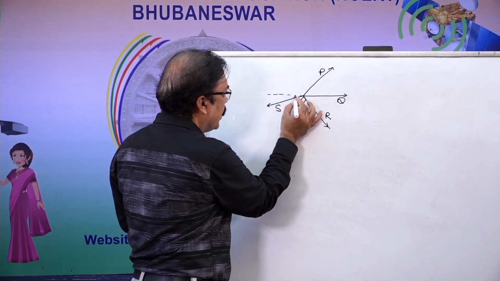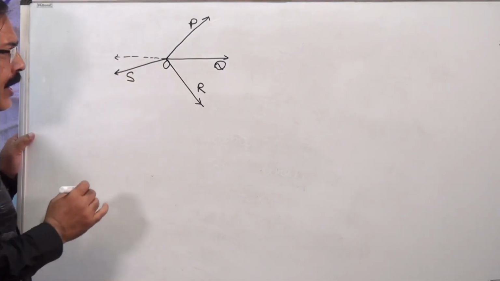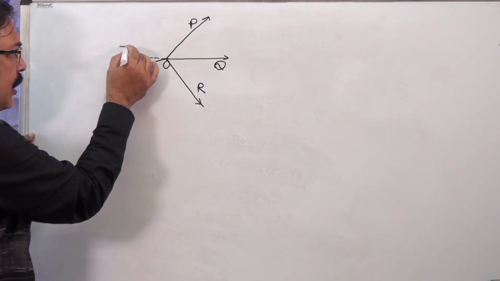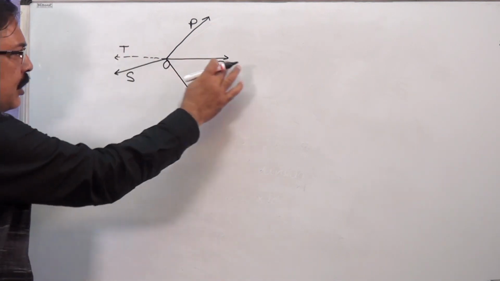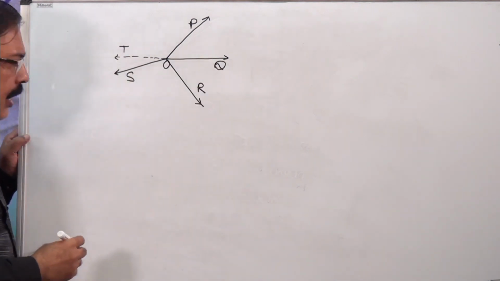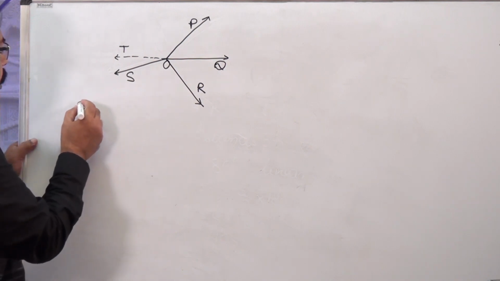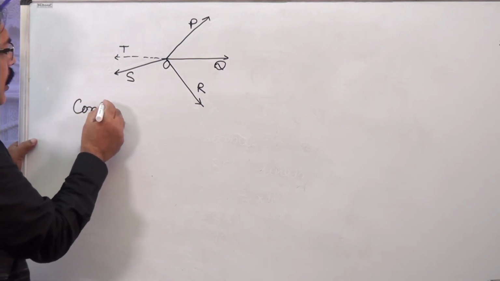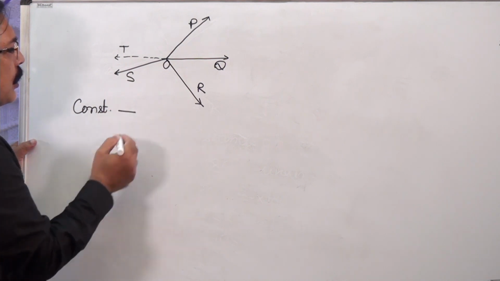Let's extend this to the back side, and let it be T, so that QT is a straight line. So what to construct?